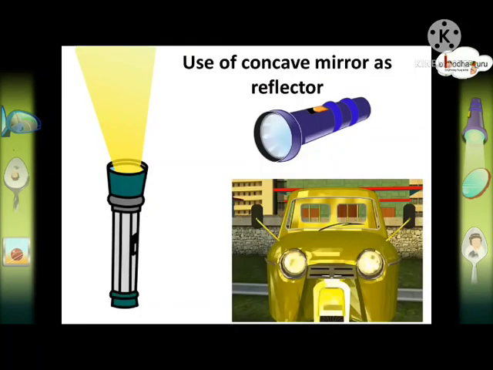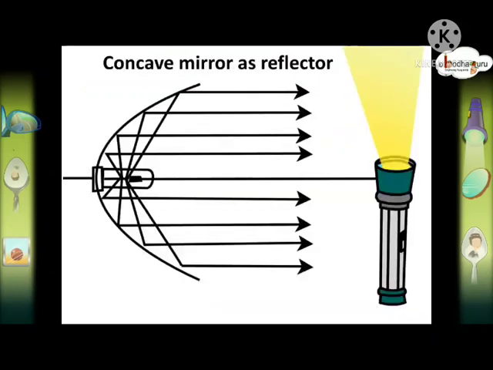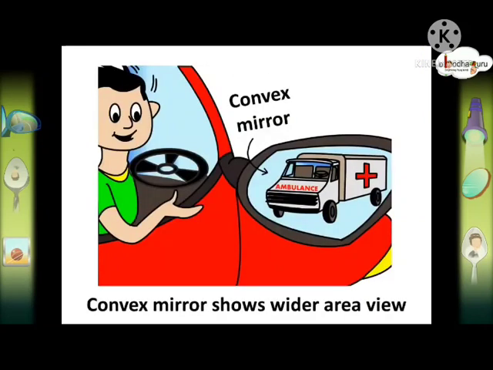The concave mirrors are also used in reflectors for the torches and the headlights in vehicles. This is because the concave mirrors can reflect rays of light as very powerful light. See, the rays of light from a small headlight get reflected by the concave mirror as parallel rays. So now this light beam can illuminate a larger area.